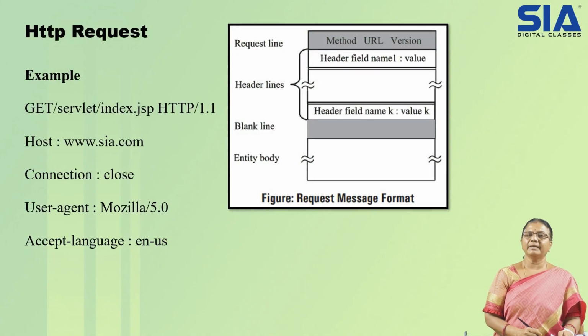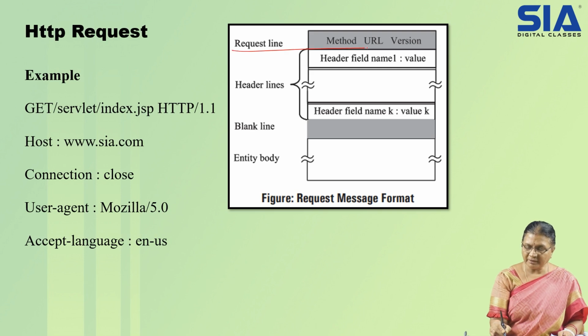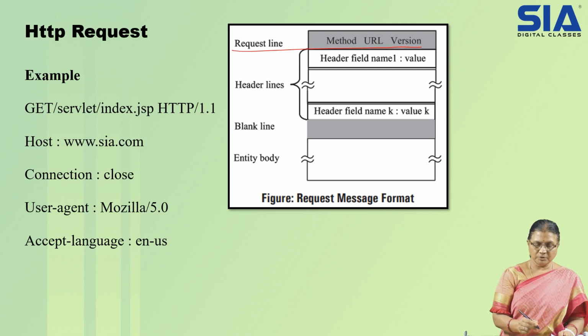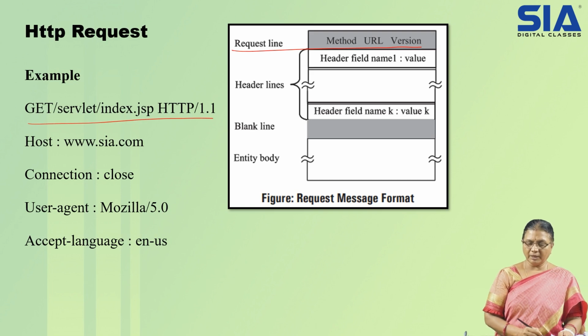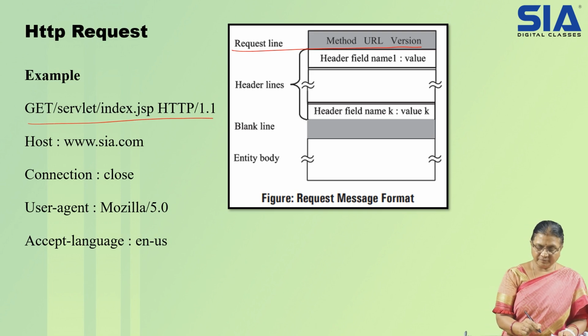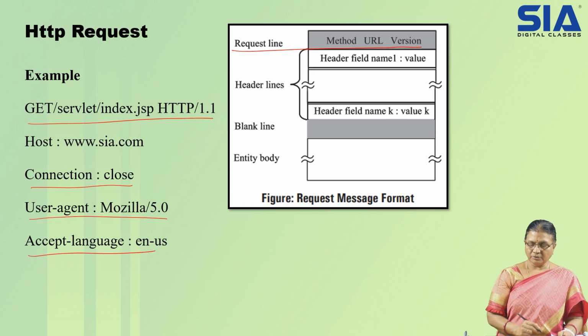Then the HTTP request will be in this way. They will mention the method, URL, and version, like GET with HTTP. Then they will have the header lines: connection, user agent, accept.